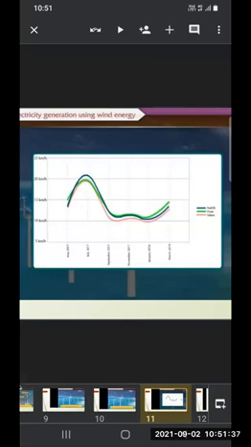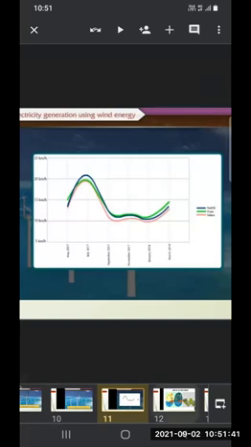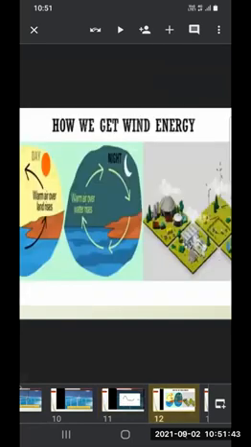This is the wind flow. How do we get wind energy? In the daytime, air over land rises, and at night, warmer air over water rises.